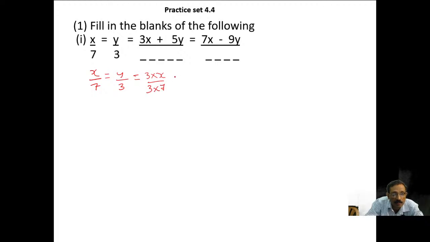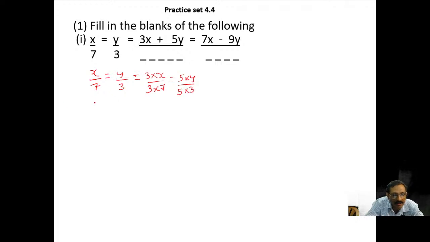Which is equal to, now I have got 5y. To get this y multiplied by 5, I multiply this by 5. 5 into y upon 3, so I will multiply this 3 by 5, 5 into 3.